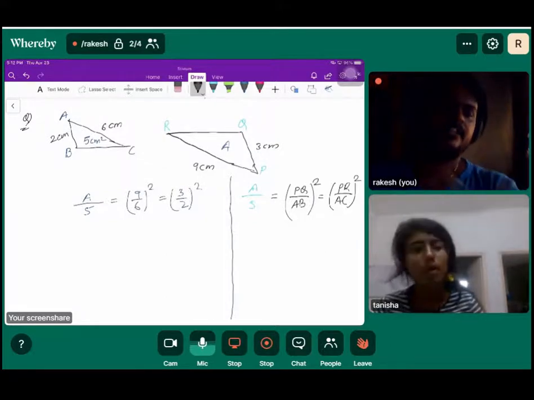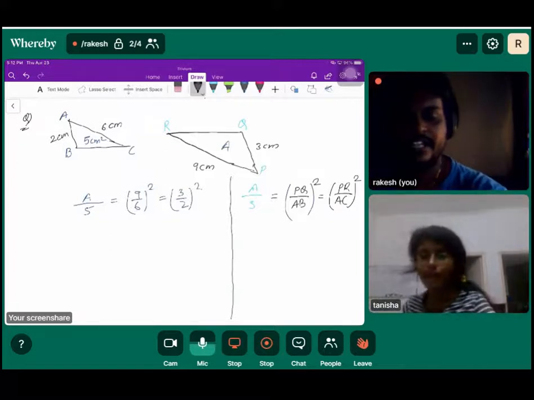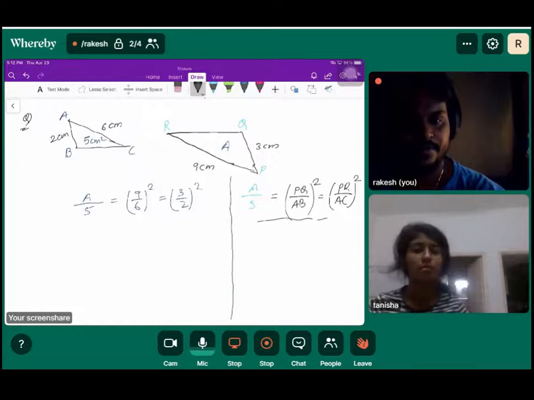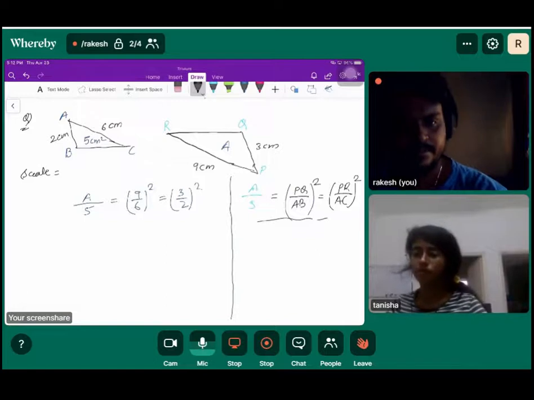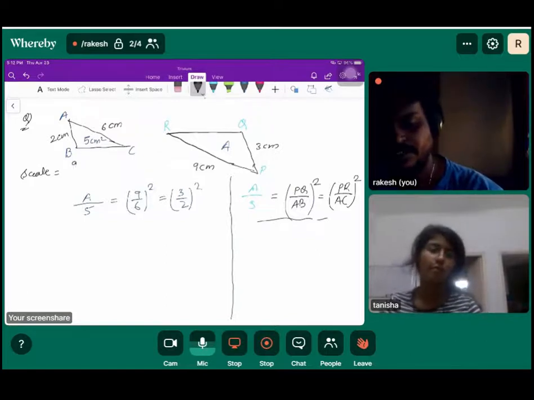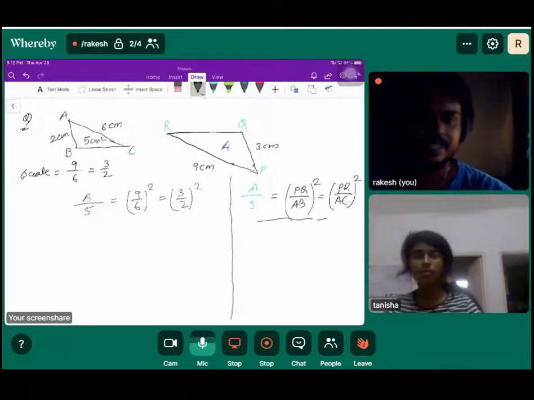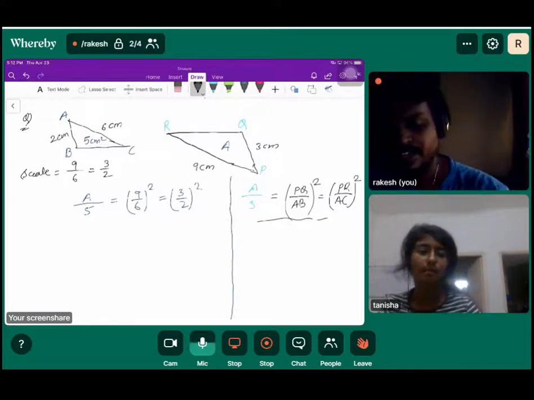So this is another way of writing the same thing. Either you find the scale factor first, or you directly write the equation. The scale factor is basically the ratio of the corresponding sides of the triangles, so 9 by 6, which is 3 by 2. One and the same thing, I'm just explaining how to understand it in another way. So directly you can write the equation.